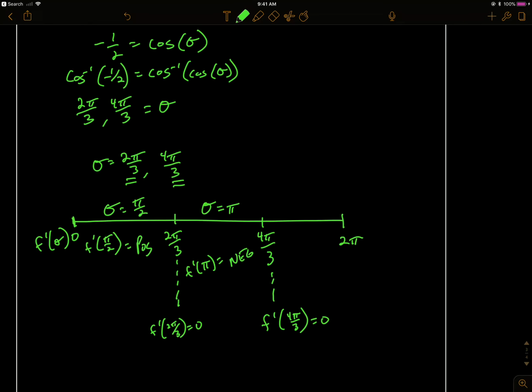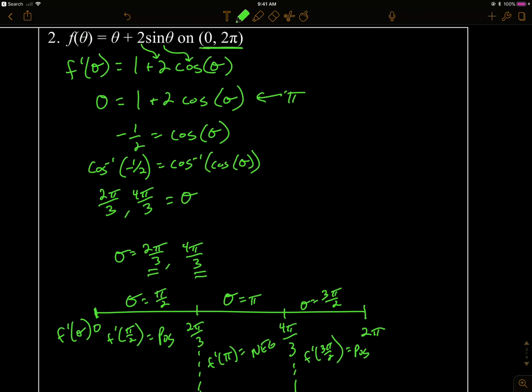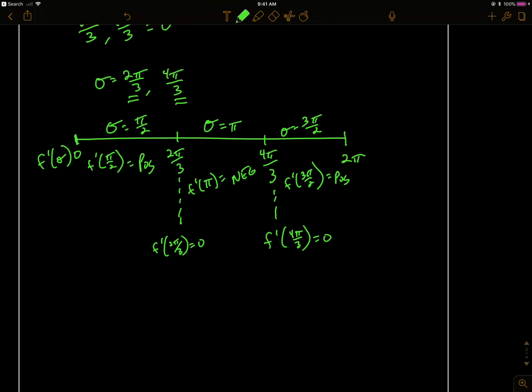And then on this interval, we're going to choose 3 pi over 2, because we got 4 pi over 3. So yeah, 3 pi over 2. So f prime of 3 pi over 2 is going to come out to be positive, because the cosine value at 3 pi over 2 is going to be 0 again, and so you get the 1 plus the 0.